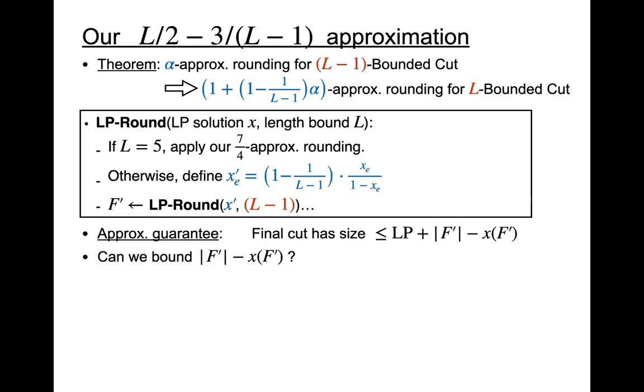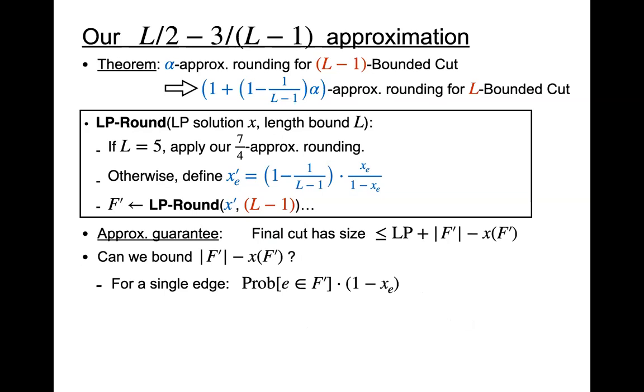So how do we do that? Well, let's bound its expectation. What does a single edge contribute to the expectation of this expression? It contributes the probability that the edge appears in f prime times 1 minus the LP value of the edge.